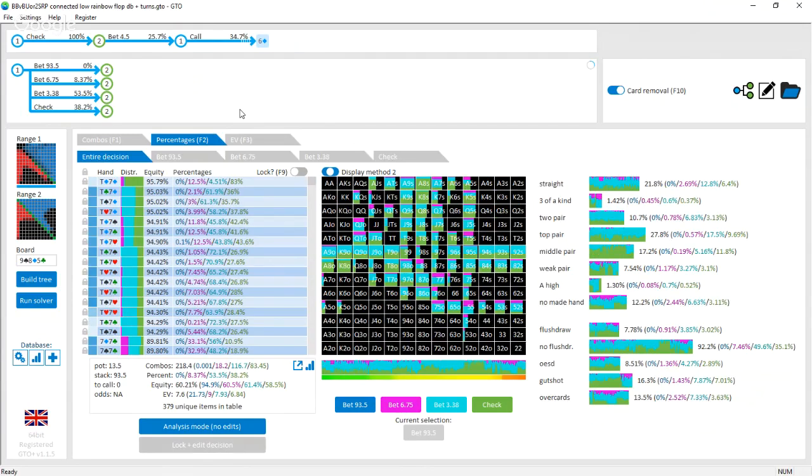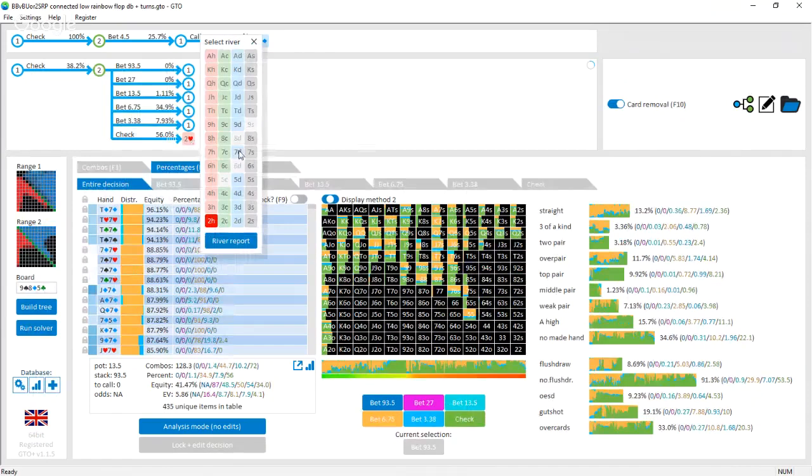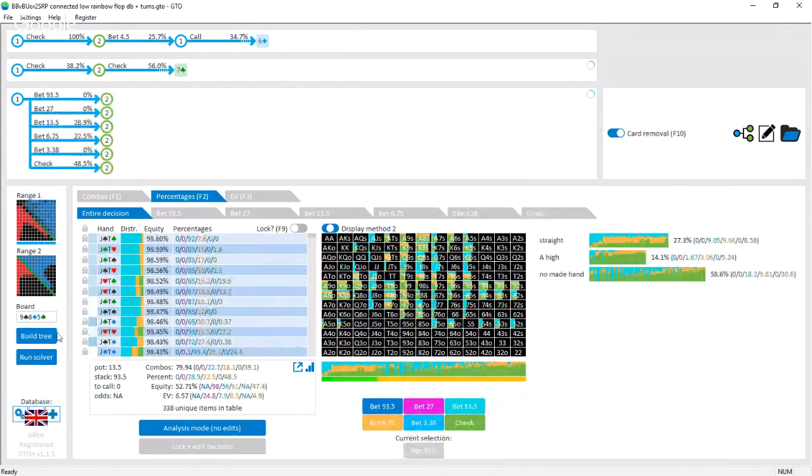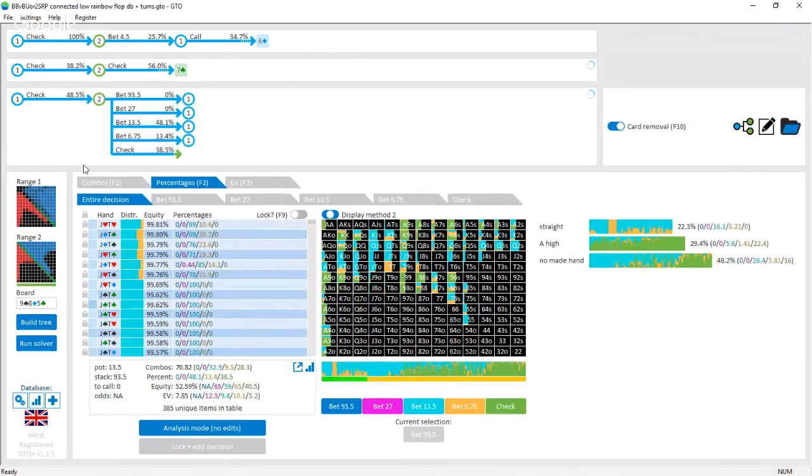Yeah, so check, and the river is a 7. Yeah, so there you go. In-position players betting more than half the time into the out-of-position player, and that's because the chop's already on the board. There's a straight on the board already, and in order to have enough bluffs, you need to be betting more than half the time actually in order to do it.